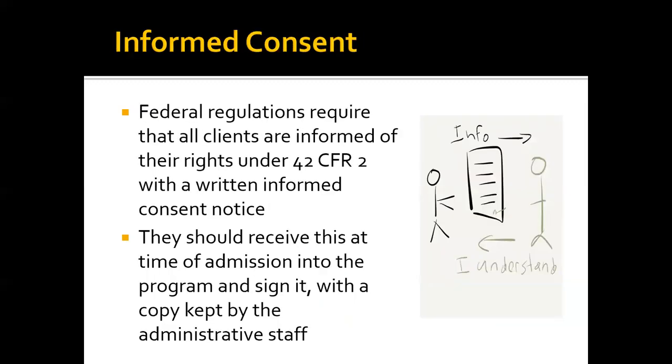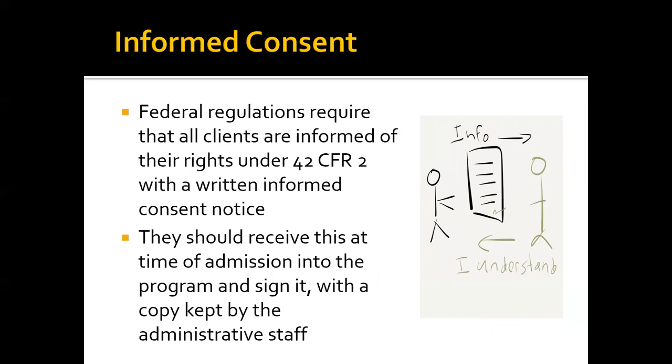Now, federal regulations require that all clients are informed of their confidentiality rights under 42 CFR Part 2 with a written informed consent notice. They should receive this at the time of admission into the program and sign it with a copy kept by the administrative staff.